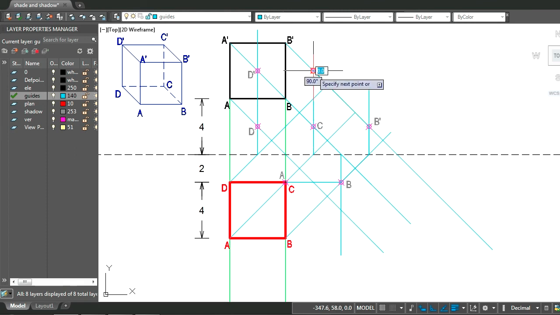So then from C dash we are coming back to D dash, which is again a flat horizontal line. Okay, so from D dash down to D is again a straight line. Okay, so from D dash to A dash is a line perpendicular to the vertical plane and parallel to the horizontal plane.